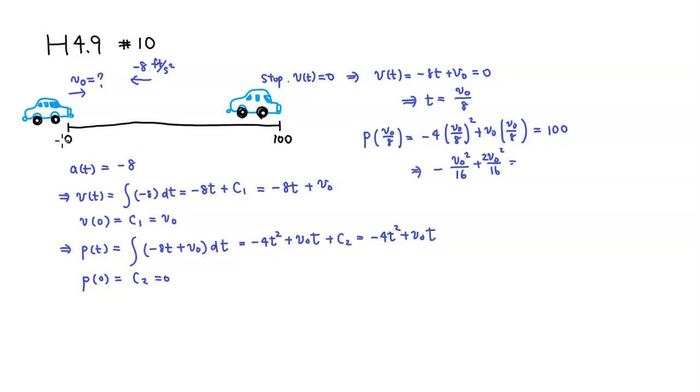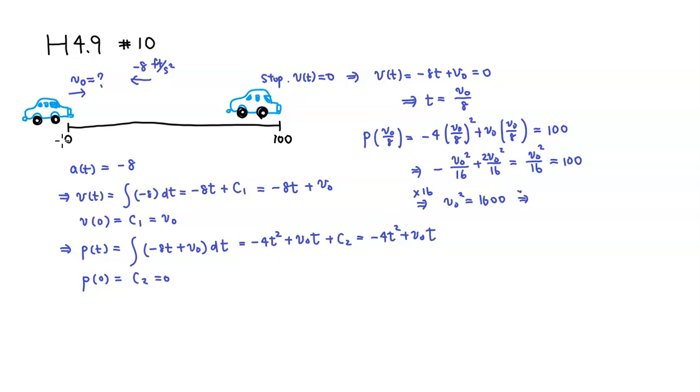So this is actually just v0 squared over 16, which is supposed to be equal to 100. If you multiply through by 16, we get v0 squared is equal to 1600.